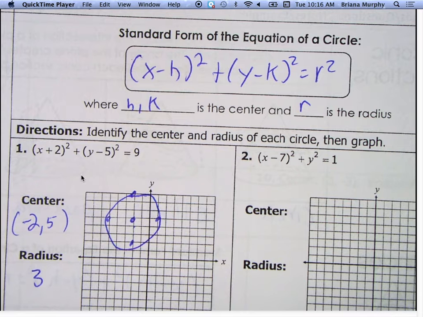Okay. That's it. Any questions about graphing a circle? Because now we're going to do it when it's not in standard form.